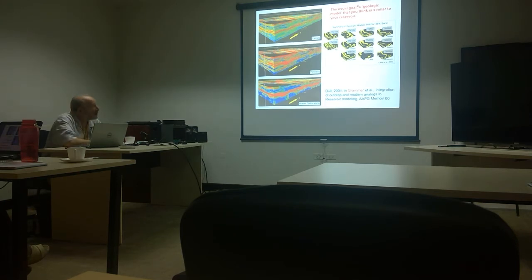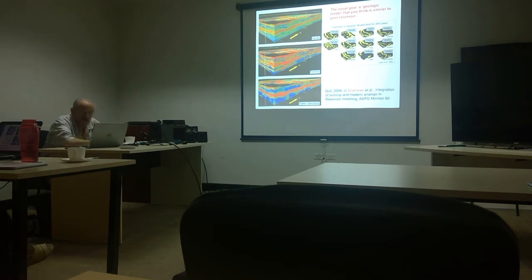Now, as I say here, the usual goal for the geologist anyway is to build a geological model that you think is similar to the reservoir. And you can input into your three-dimensional model any properties that you want. For example, here's a 3D model of sedimentary facies.